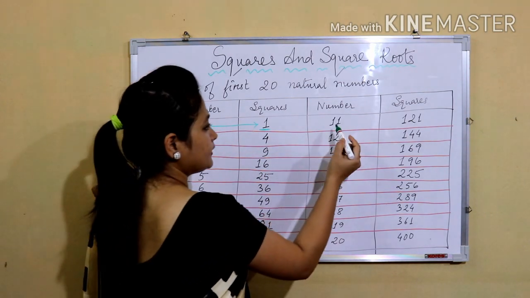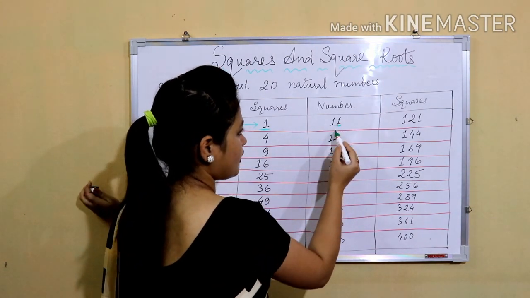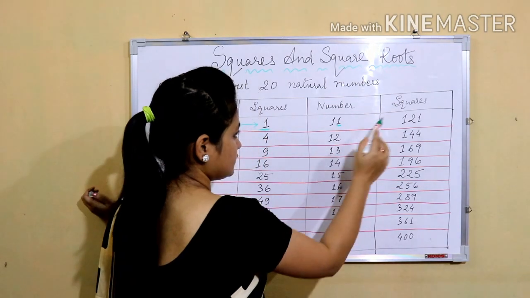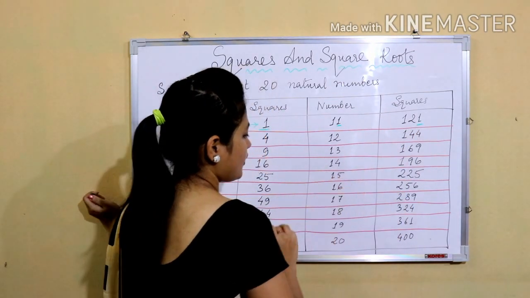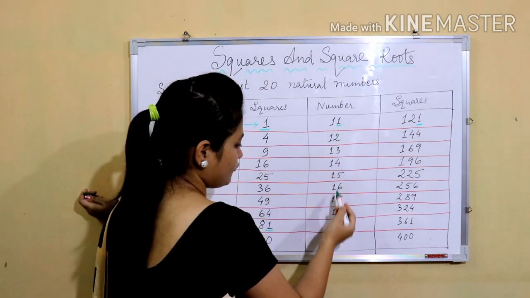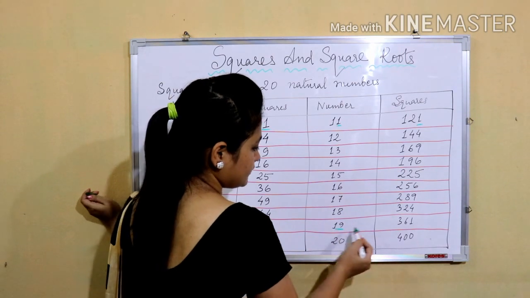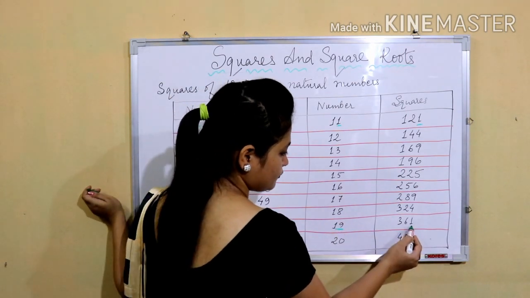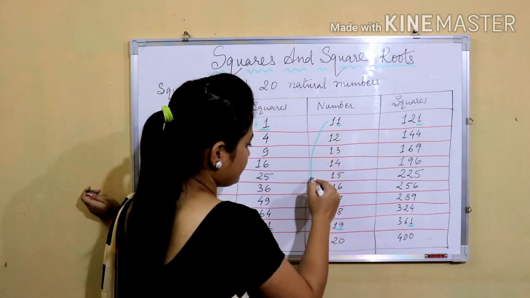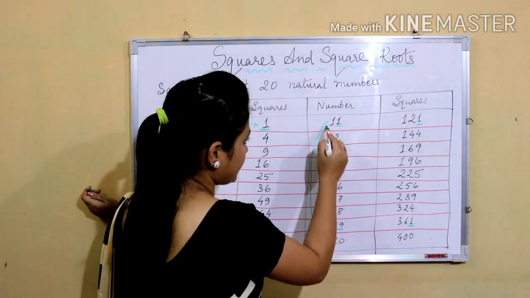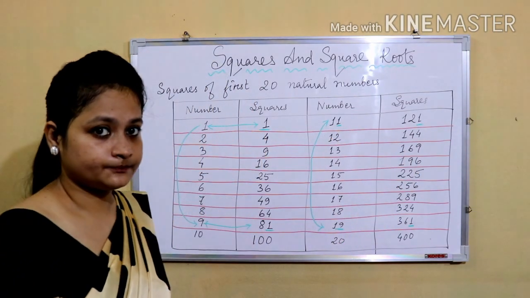Same way, the square of 11 is 121, and the unit digit is 1. If you go for 19, 19 into 19 is 361. So in the case of 11 and 19 also, the square number ends with the digit 1.